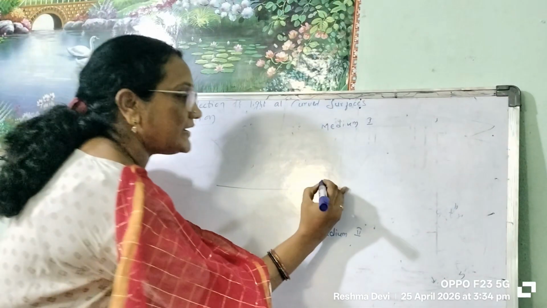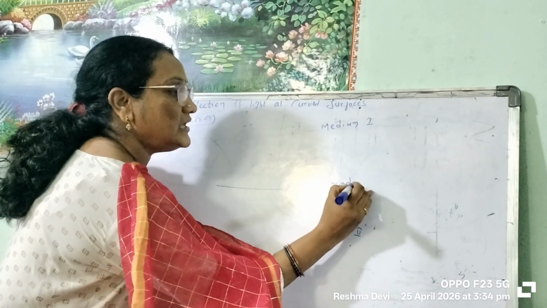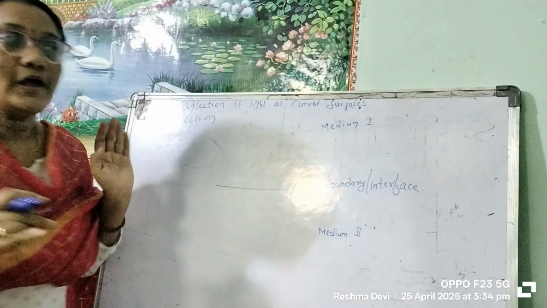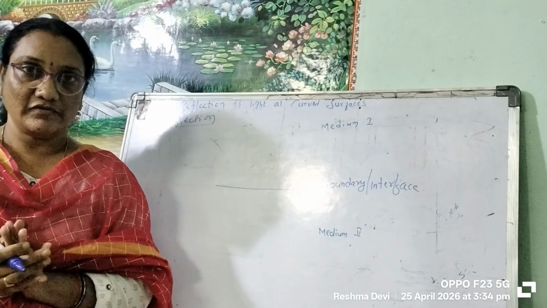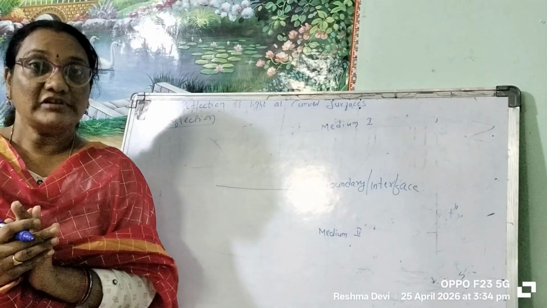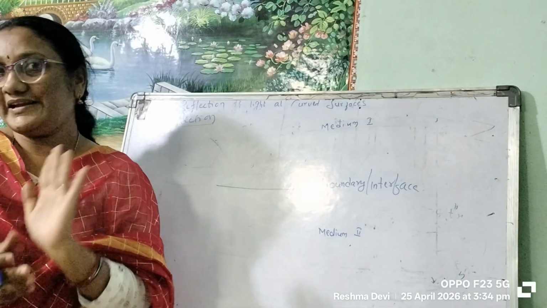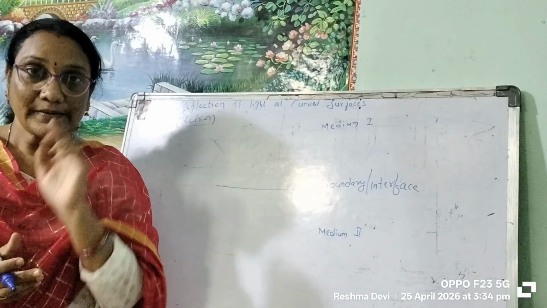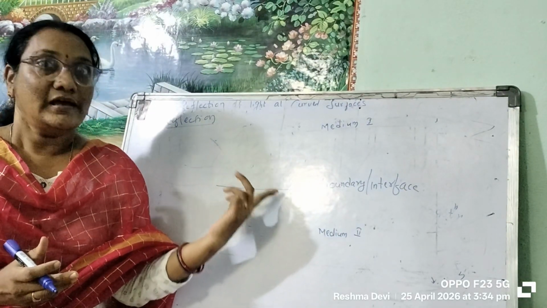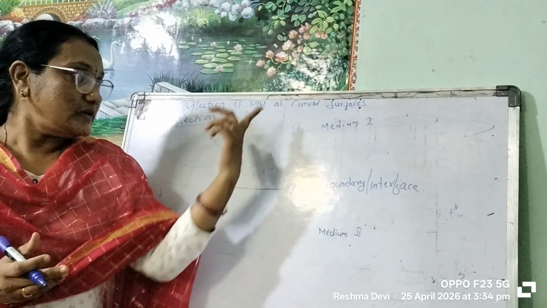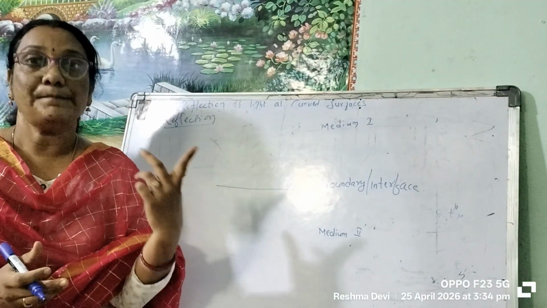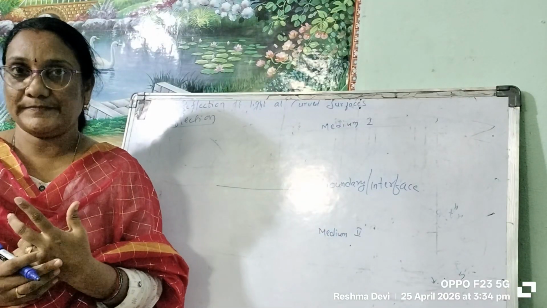How can we define boundary or interface? The boundary or interface divides two different mediums. The straight line which differentiates between the two mediums, we call the boundary or interface.